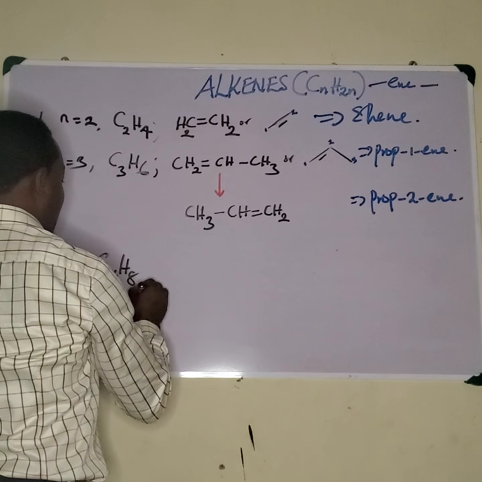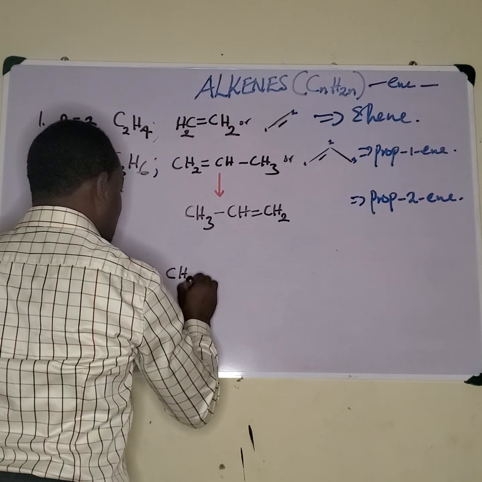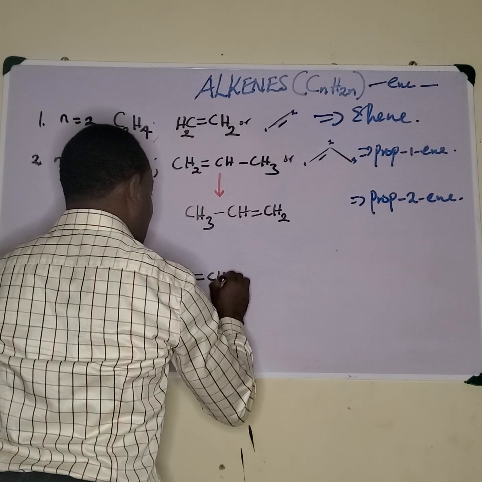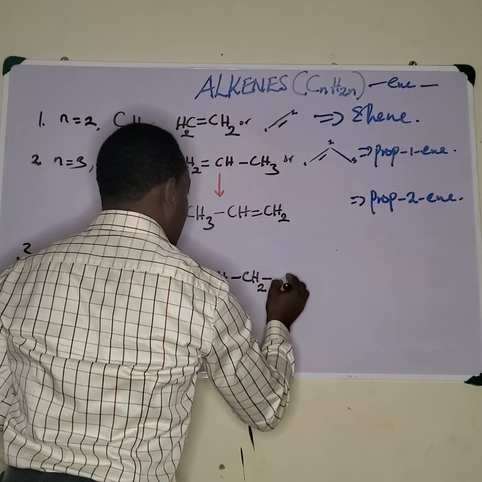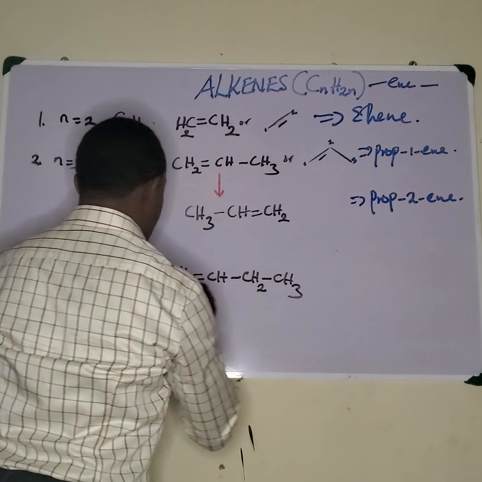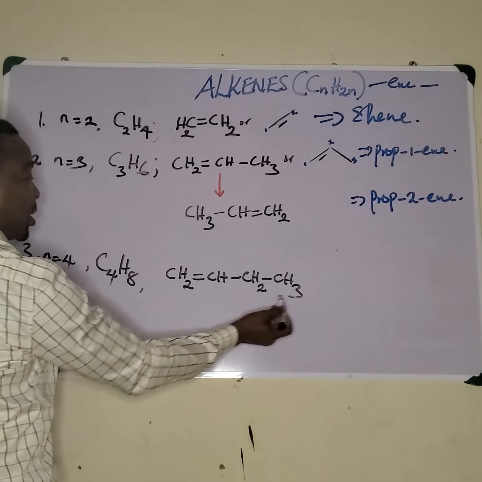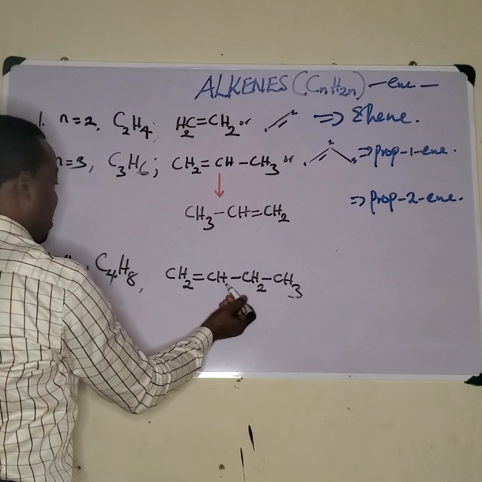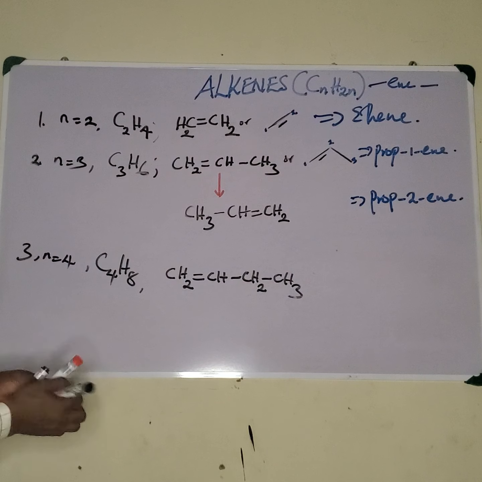So butene, we're going to have CH2 double bond CH2 and CH3. I think 4: 1, 2, 3, 4. And how many hydrogen atoms? 3, 5, 6, 7, and 8. So it is balanced.